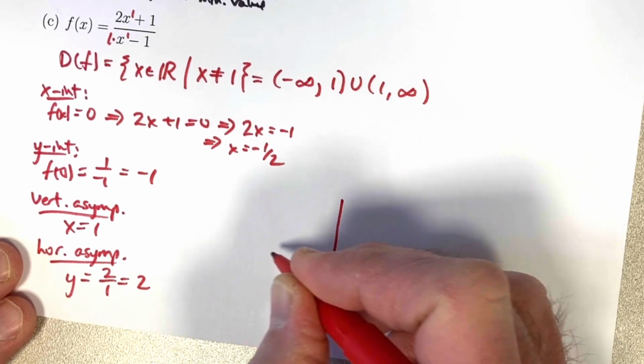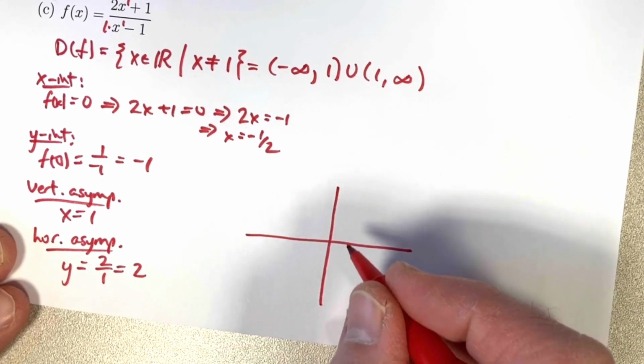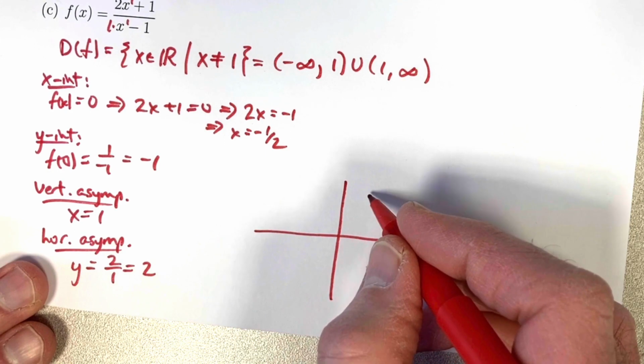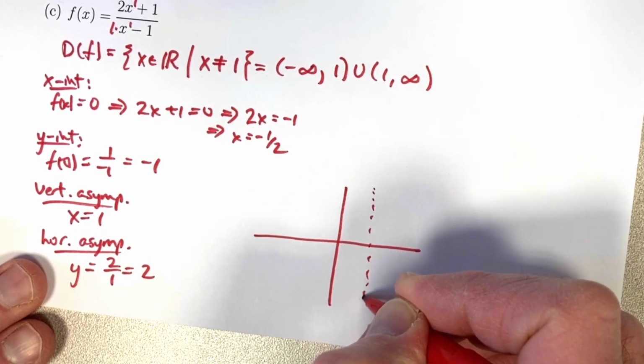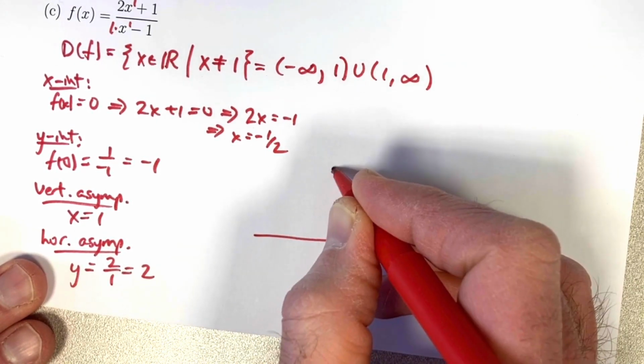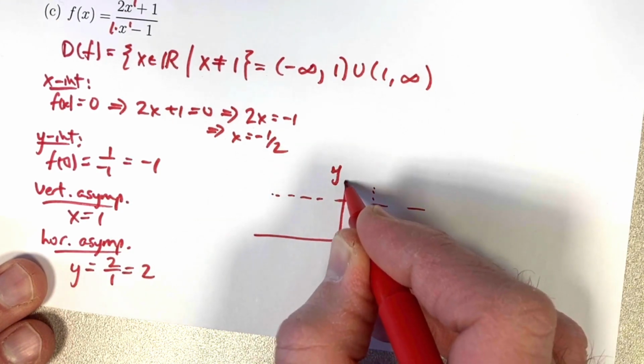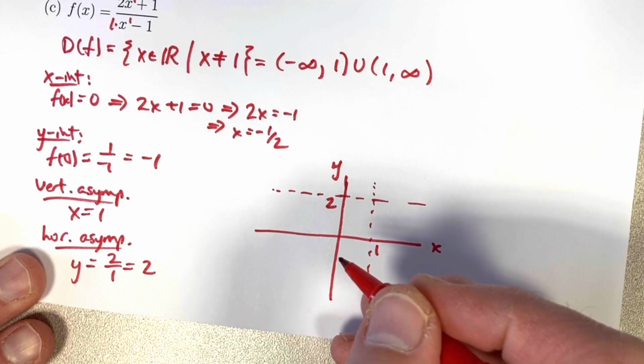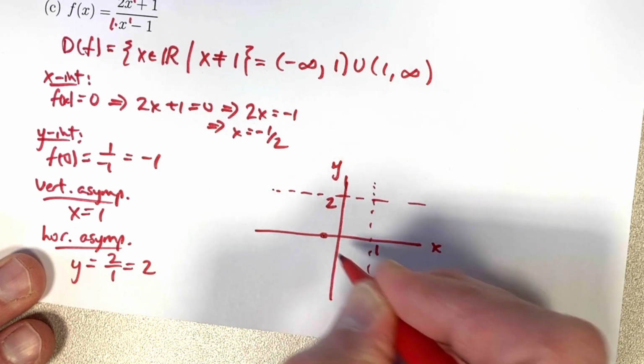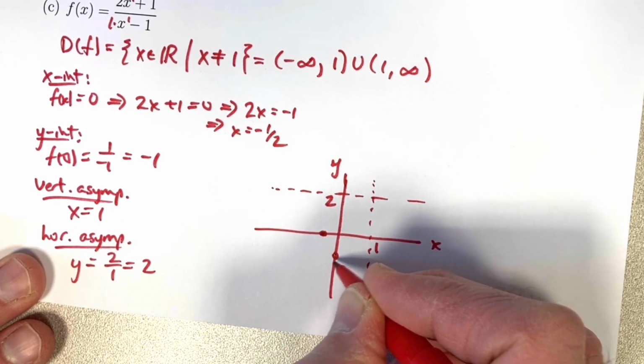So what does the graph look like? We've got vertical asymptote at x equals 1, right there. Horizontal asymptote at y equals 2, say up here. That's y equals 2. You got an x-intercept at negative 1/2, a y-intercept at negative 1.